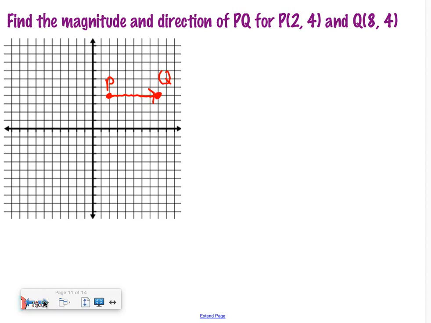What was the blank filled in? The length. Do I even have to do Pythagorean theorem here? Can I just count? How long is it? 6. Easy peasy, lemon squeezy.